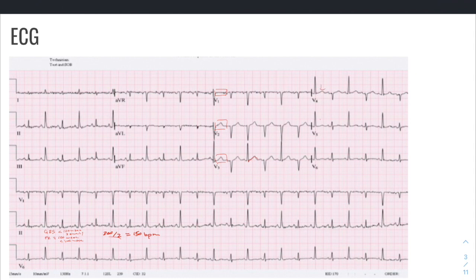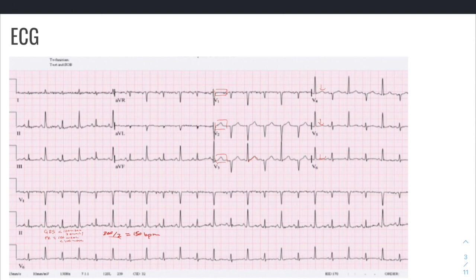Same thing in V4, V5, V6, and then looking over here at our limb leads, there doesn't seem to be any ST elevation or ST depression. So there are some minor changes, but nothing specific that we have to be worried about.